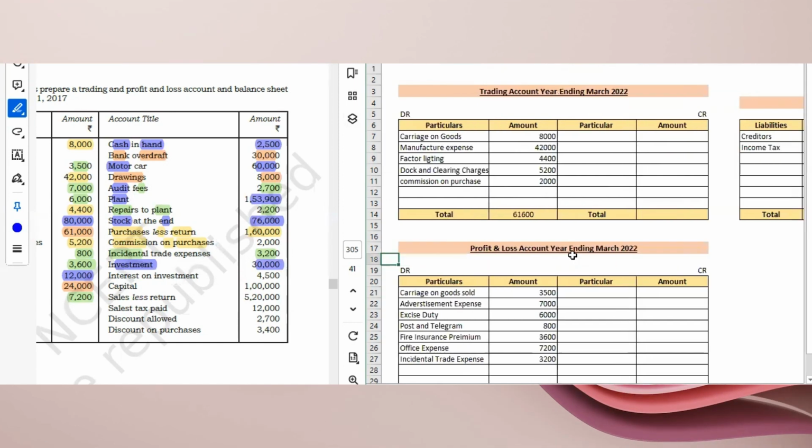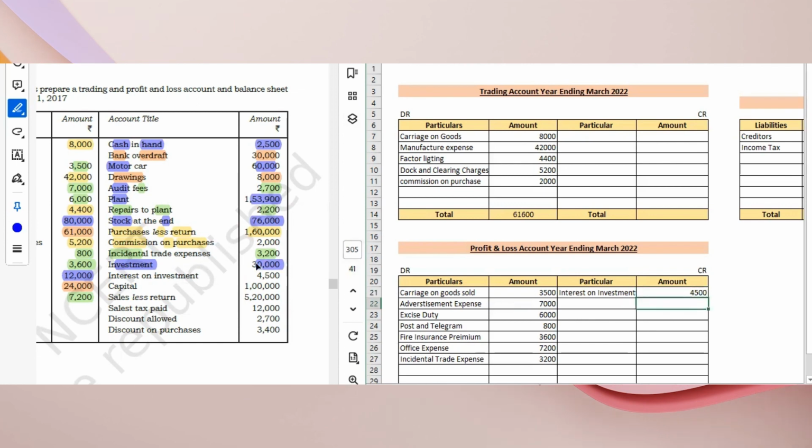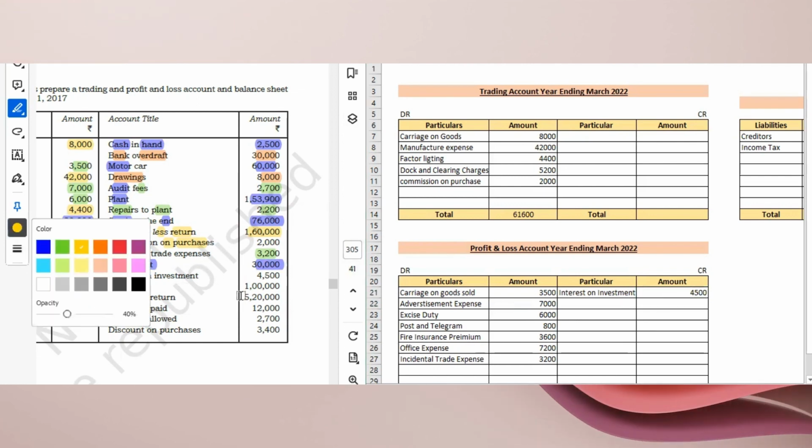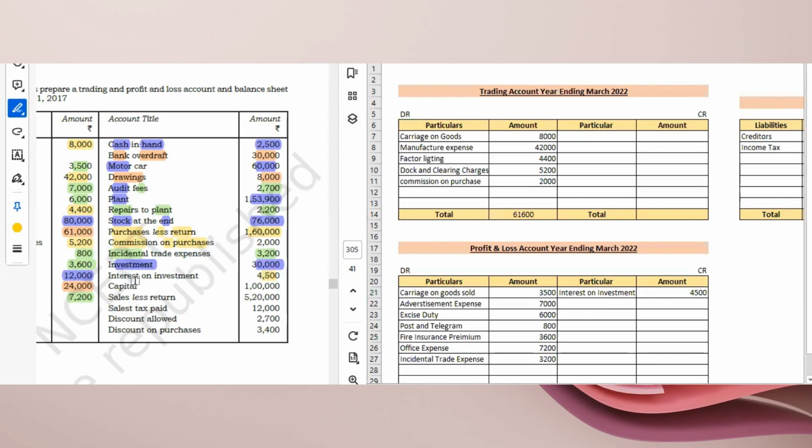So that will be under P&L. You cannot consider this an operating expense. This is after your earning, after your taxes, interest, everything. So interest on investment, 4,500. That will go under yellow mark. So just mark it yellow.